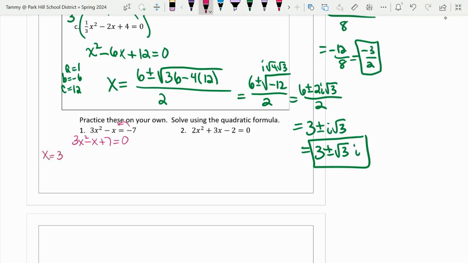So a is 3, b is negative 1, c is 7. Then x equals negative b, so 1, plus or minus the square root of b squared. Square negative 1, you get 1, minus 4 times 21, since a times c is 21, over 6, because 2 times a is 2 times 3, which is 6.